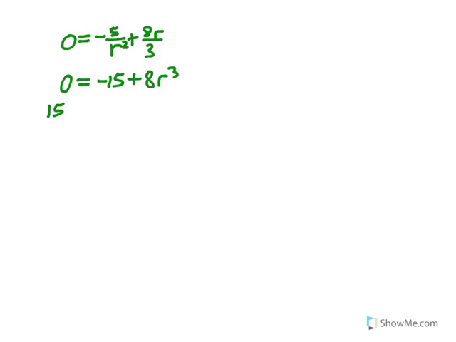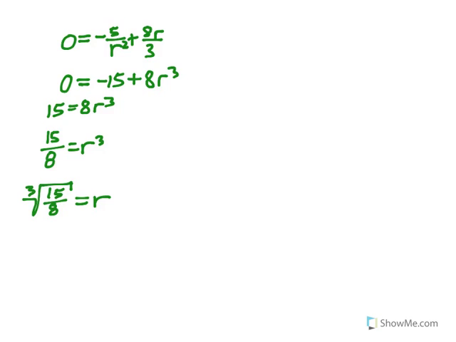Add the 15 over to this side, divide both sides by 8, and take the cubic root of both sides. And remember, cubic roots can be negative, so you don't have to take into account the plus or minus. Alright, so this is our value for r.